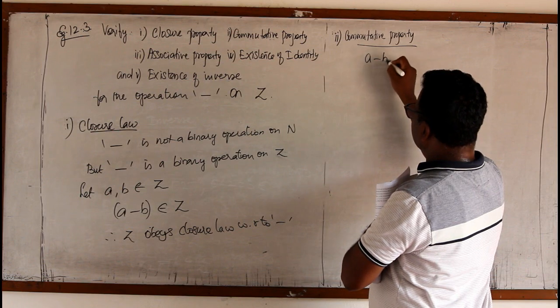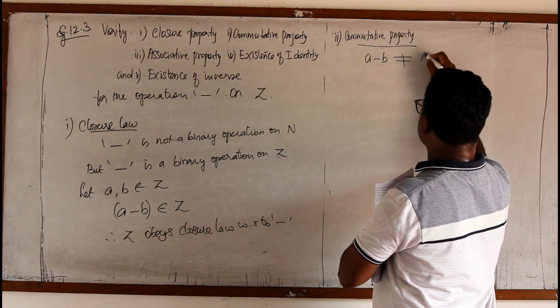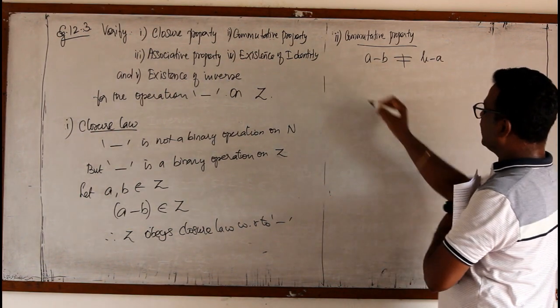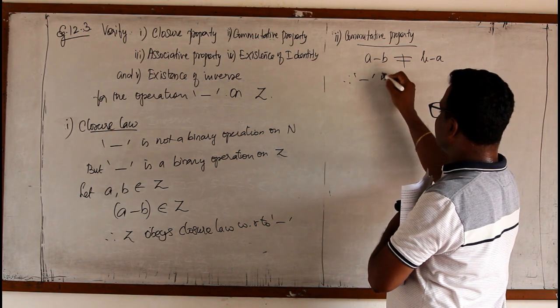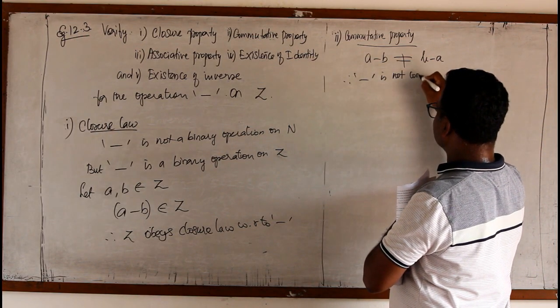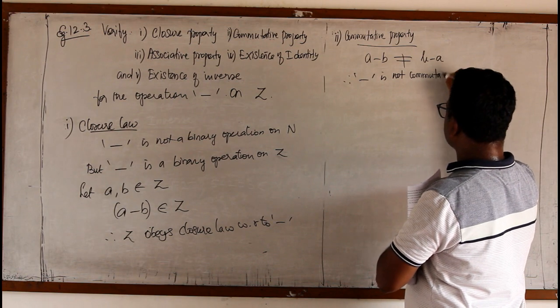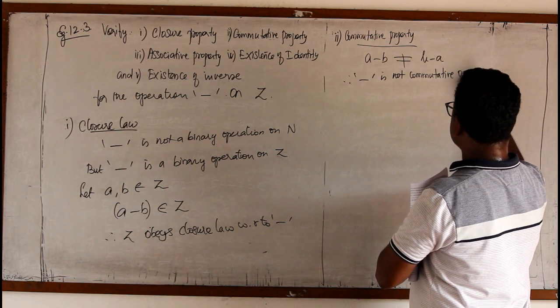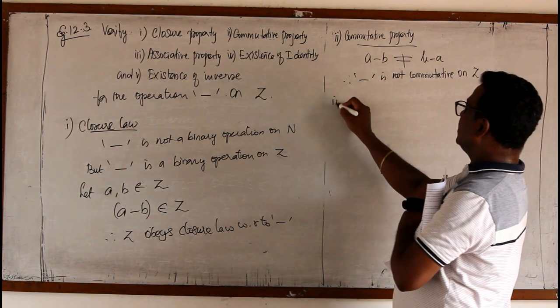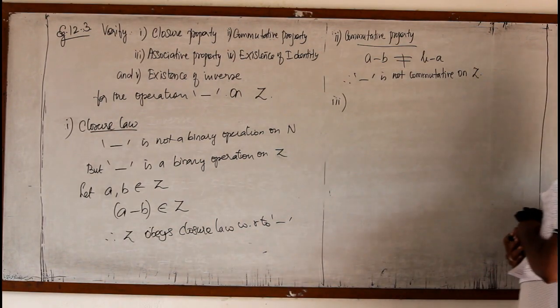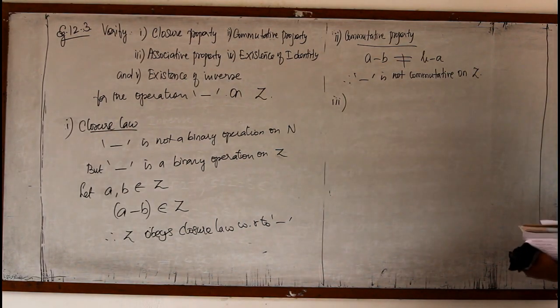a minus b definitely won't be equal to b minus a. Therefore, minus is not commutative on Z. So we know commutative property is not obeyed by the minus sign.